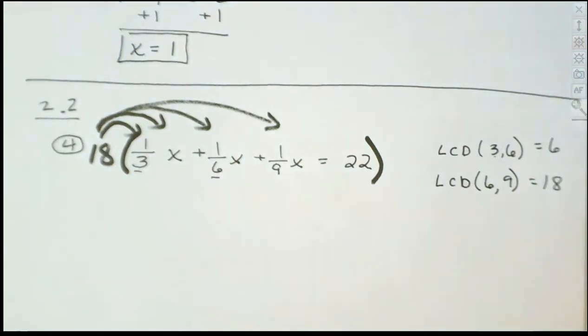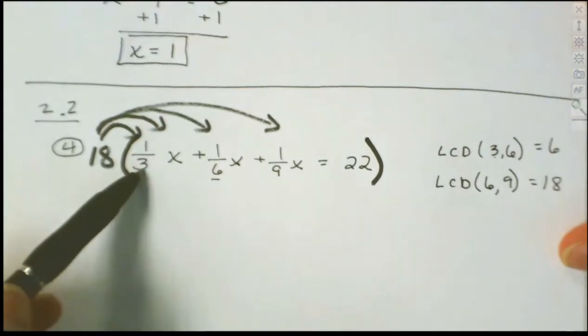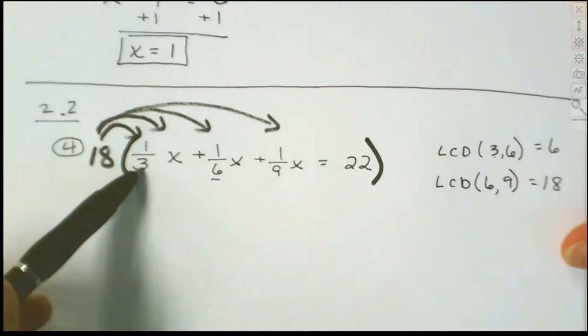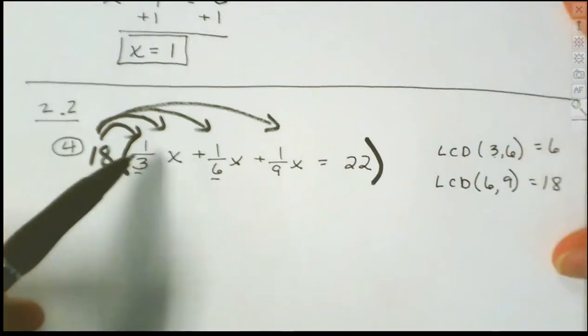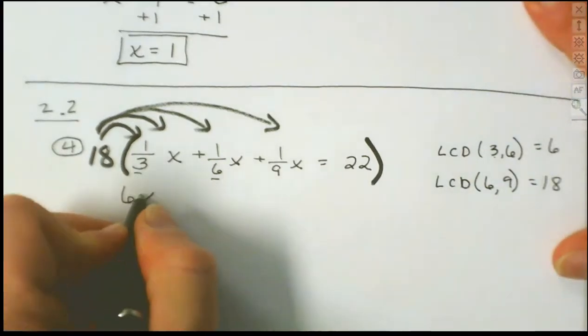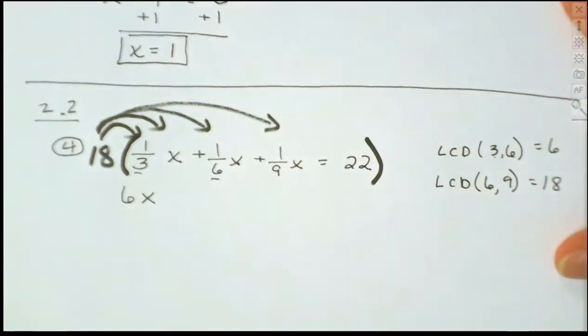Now, how do we clear these fractions? We divide by the number down below, multiply by the number on the top. So 18 divided by 3 is going to be your 6, and 6 times 1 makes it 6. We're going to bring down the x with it.